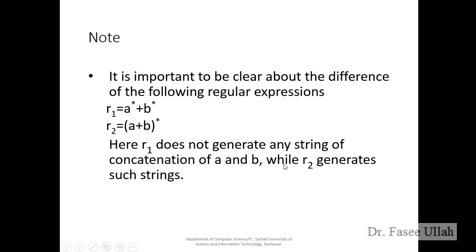While R2 generates many such strings because we have the whole star. Here we have the option to represent 0 or more: we can use the empty string, or repeat a 1 time, 10 times, 100 times and so on. For R1 this is optional, but for R2 there is no such rule we can apply.